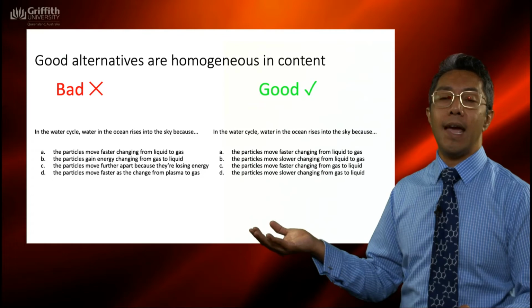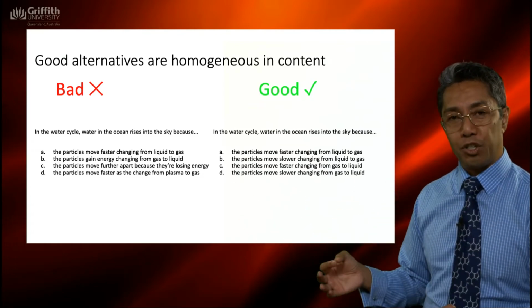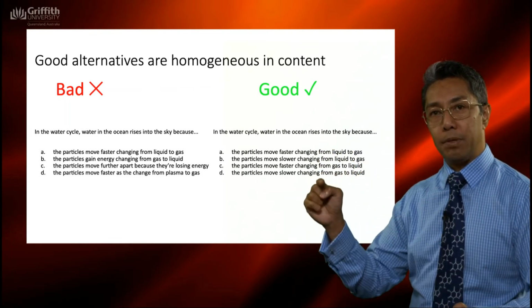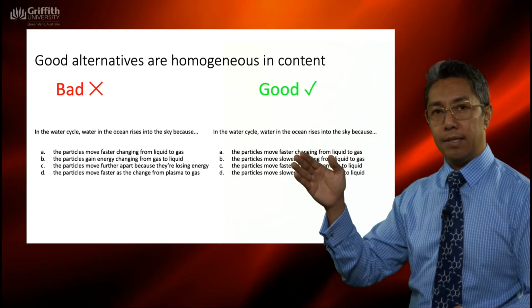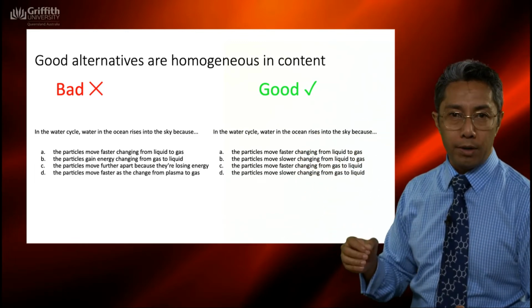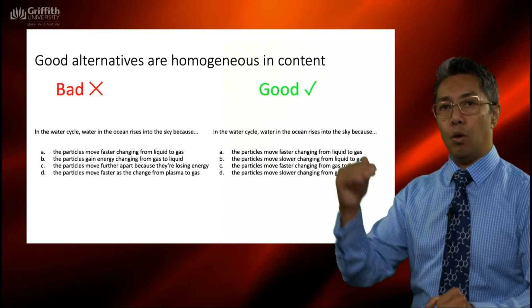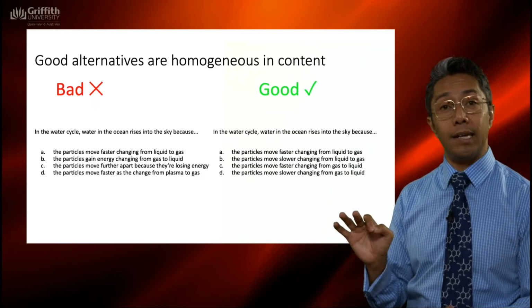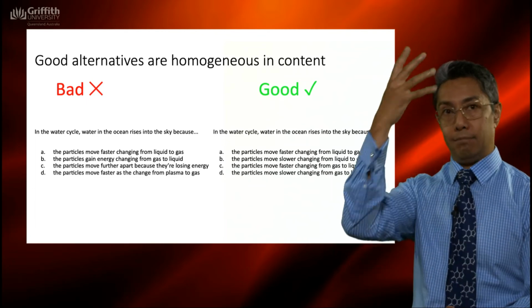Next bit of advice, relating back to the question earlier about the states of matter: the more similar you can keep the structure of the distractors, the less cognitive load there is on students understanding each of the distractors. Remember, this isn't a reading comprehension test, this is ultimately a scientific processing test.